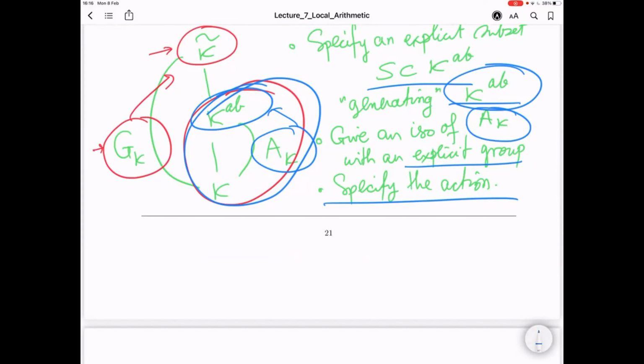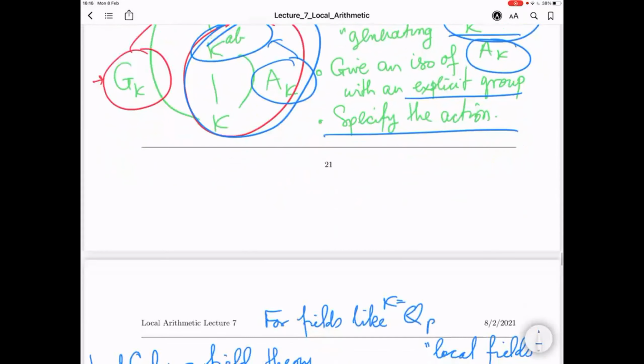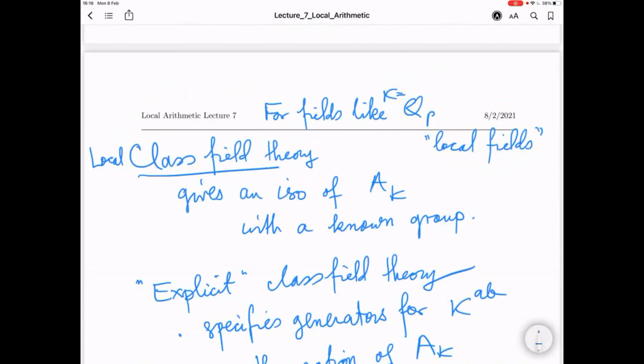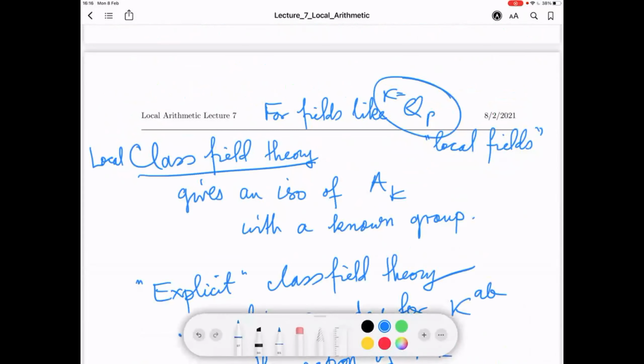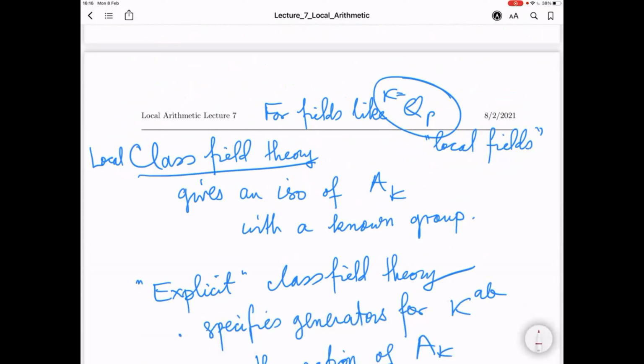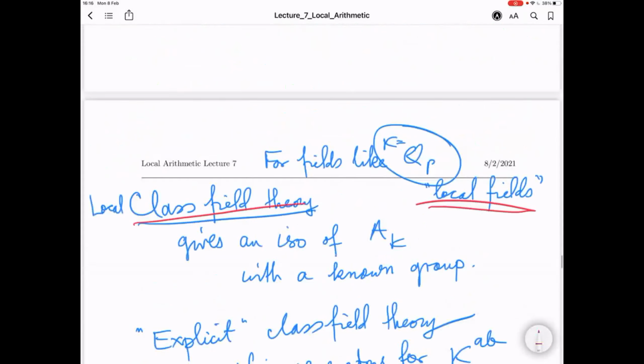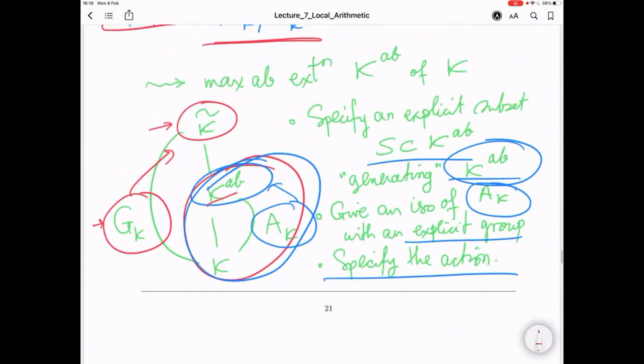So these are the problems which class field theory solves for fields like Qp and other fields, not just Qp, but other fields which are called local fields. Class field theory solves these three problems for the maximal abelian extension.